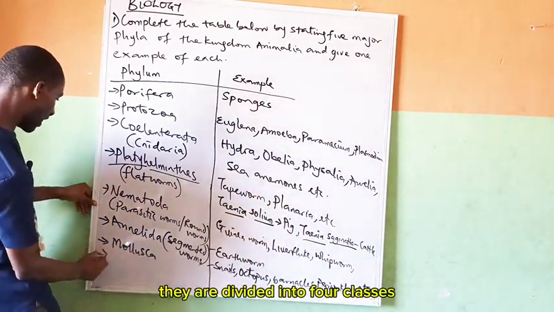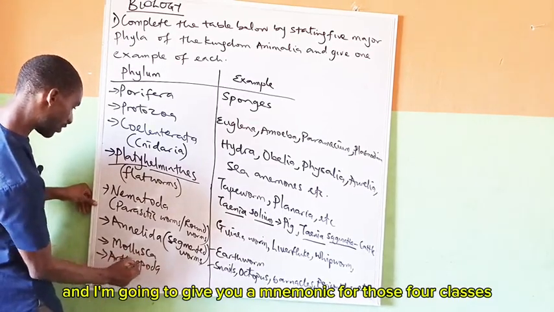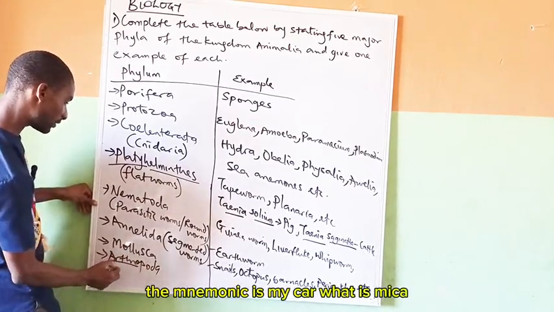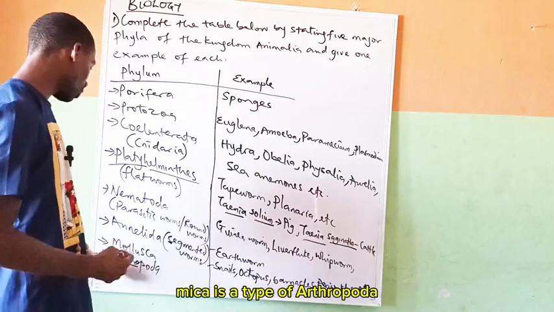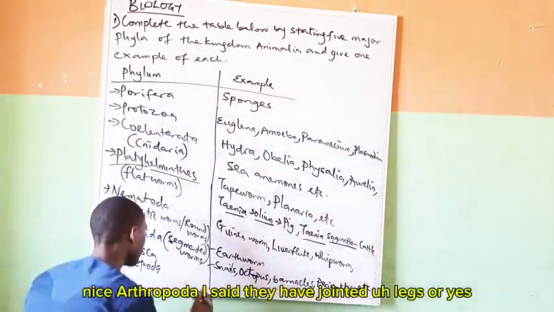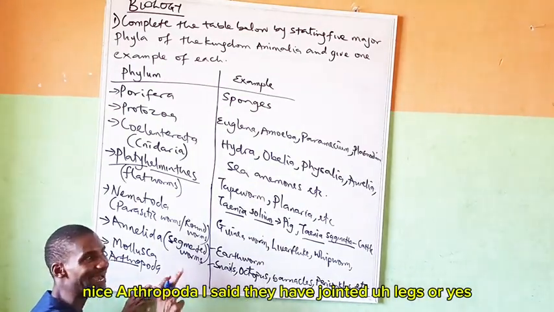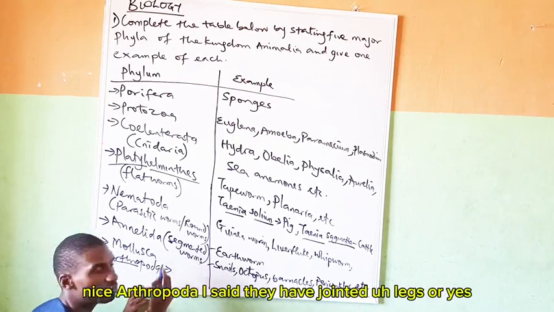And then you have Arthropoda. Arthro means jointed, poda means legs. So Arthropoda means jointed legs, or jointed appendages. These arthropods are divided into 4 classes, and I'm going to give you a mnemonic for those 4 classes.